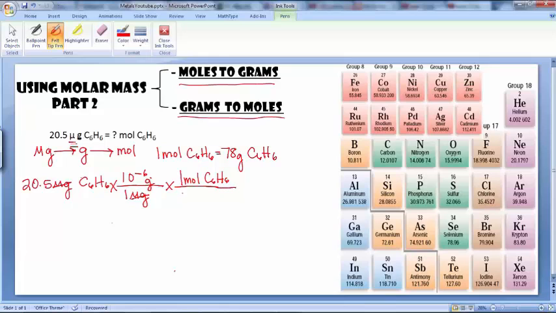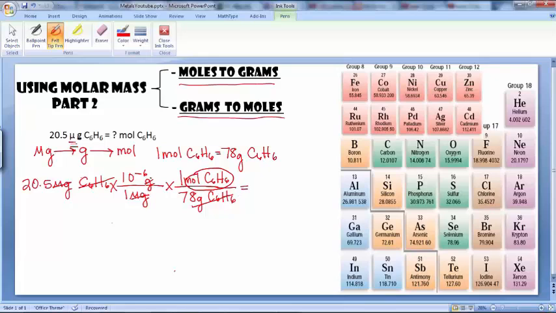And grams goes in the denominator. Grams of C6H6. Now look what cancels. We have grams of C6H6 in the numerator, grams of C6H6 in the denominator. So these are going to cancel. What unit are we left with? We're left with moles of C6H6.